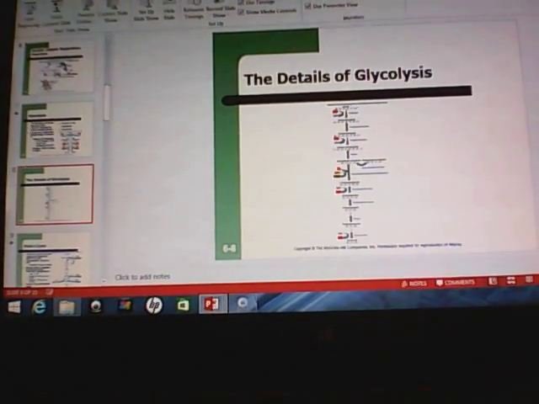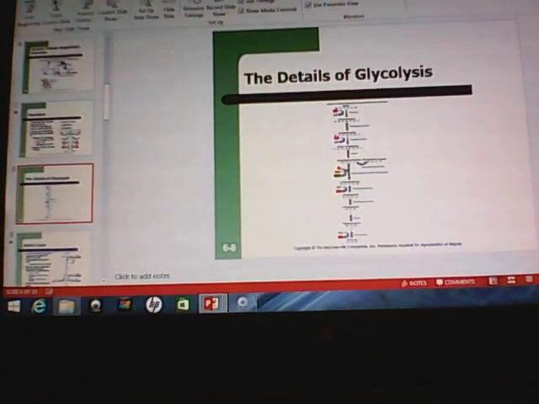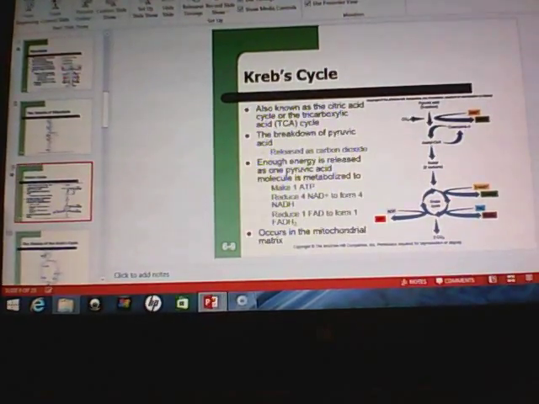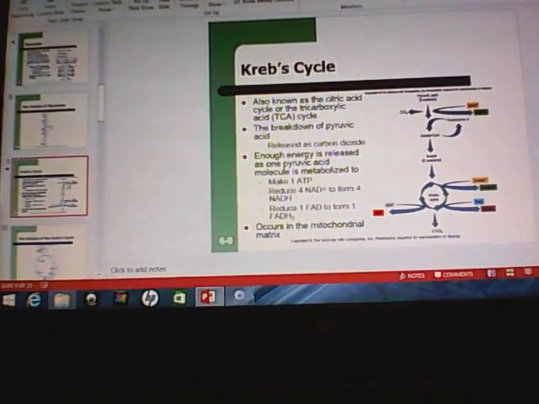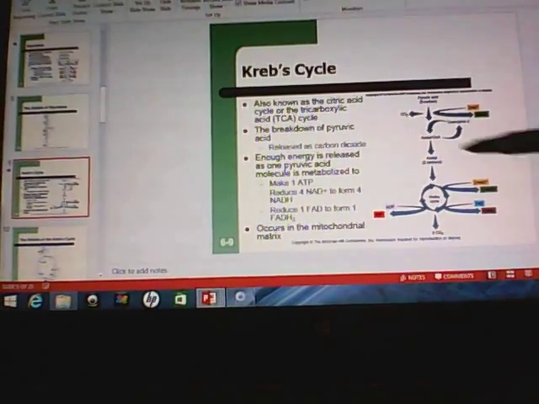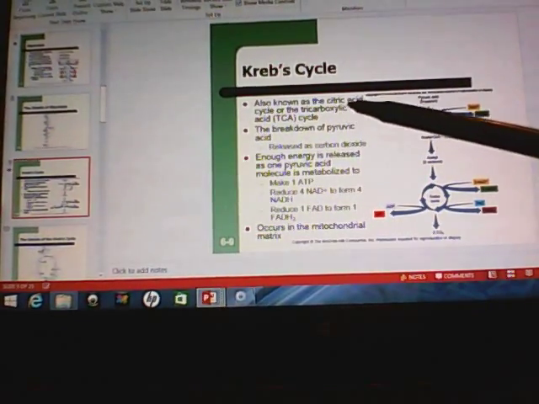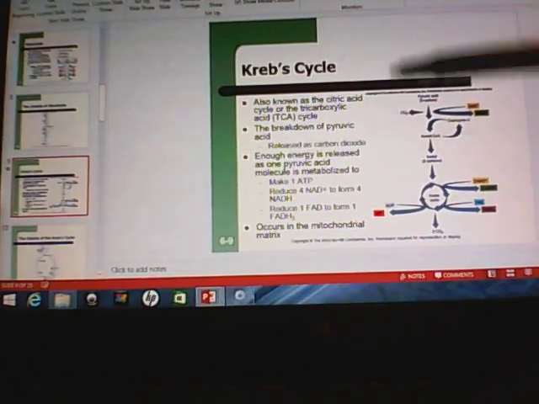You don't have to know the details of glycolysis because you are not biochemists, and so I won't ask you any of those details. We will move on to the second step in aerobic respiration, which is the Krebs cycle, also known as the citric acid or tricarboxylic acid cycle.